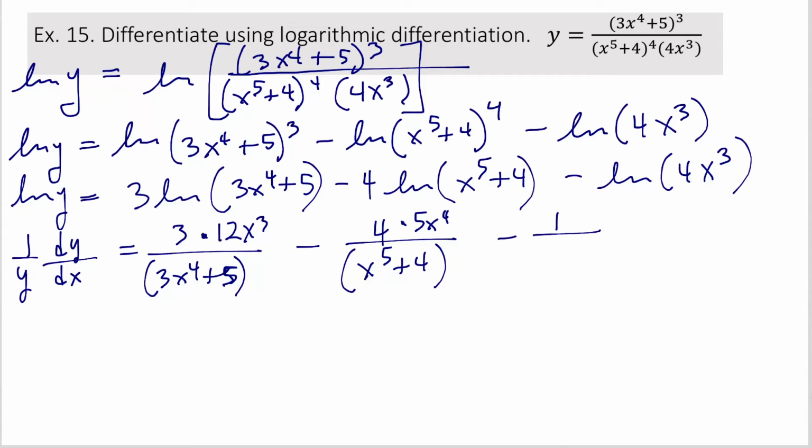Then minus 1 over 4x^3 times the derivative of 4x^3, which is 12x^2.